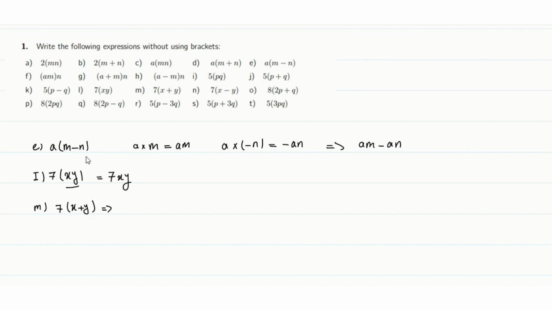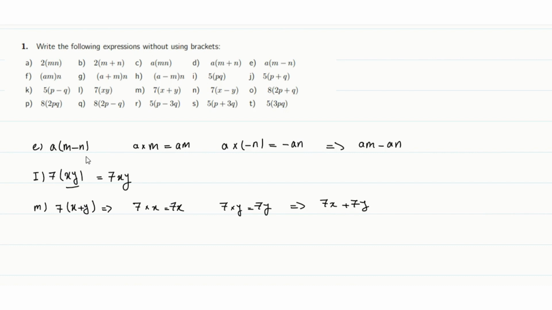The multiplication of 7 and x would be 7x. And the multiplication of 7 times y would be equal to 7y. And we just combine these two answers. It would be 7x plus 7y, and that would be our final answer.